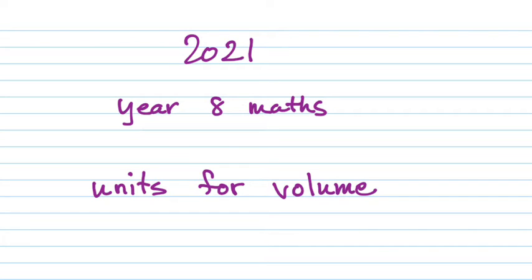Now, frequently volume is confused with another measurement that we will talk about later. Volume literally means the amount of space an object takes up. So it's measured on the outside of the object.